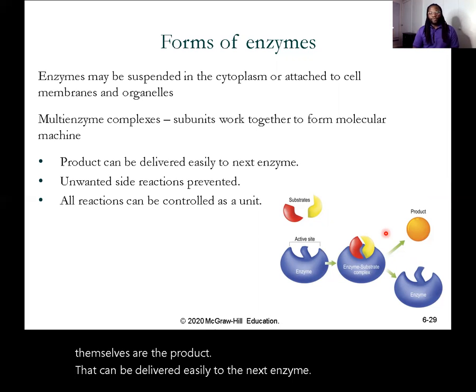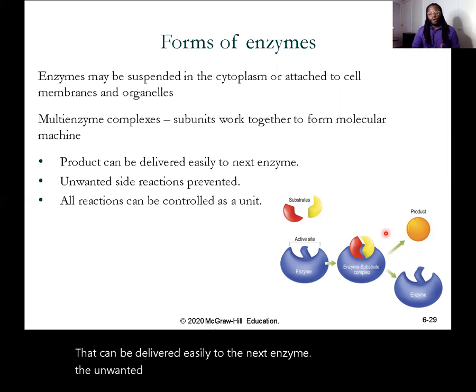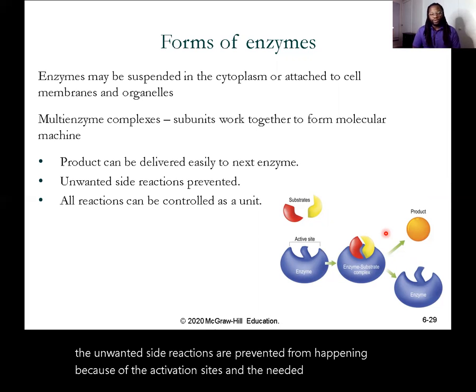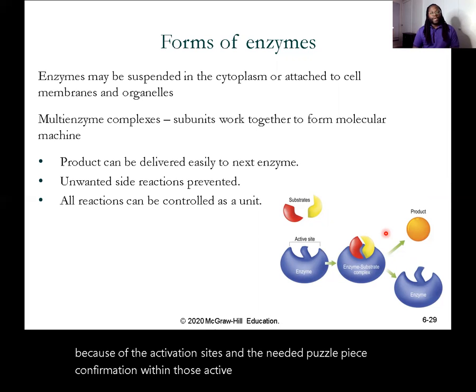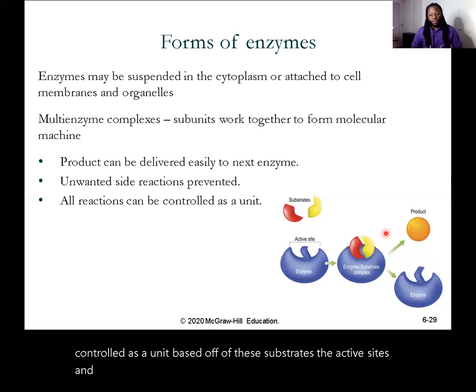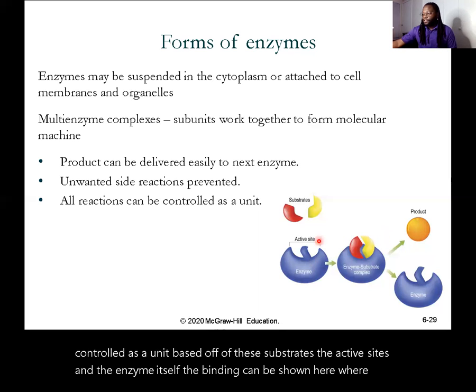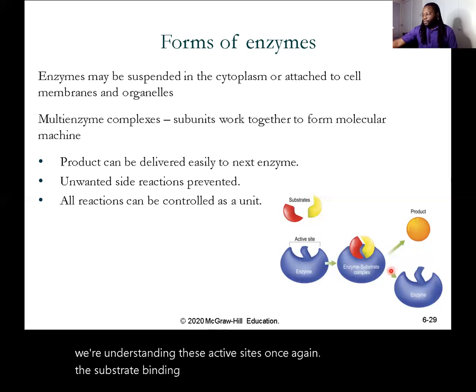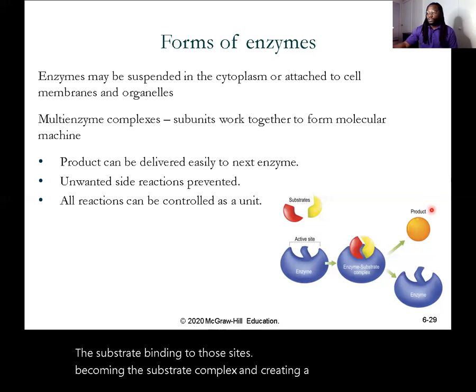The unwanted side reactions are prevented from happening because of the active sites and the needed puzzle piece conformation within those active sites. So all reactions can be controlled as a unit based off of these substrates, the active sites, and the enzyme itself. The binding can be shown here, where we're understanding these active sites once again, becoming the enzyme-substrate complex.